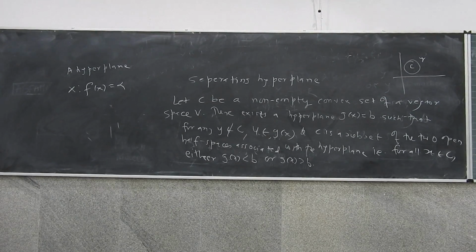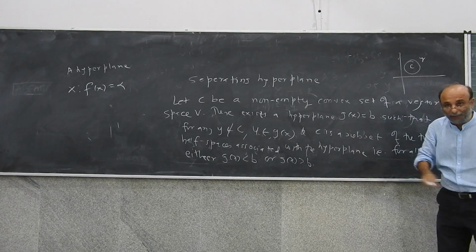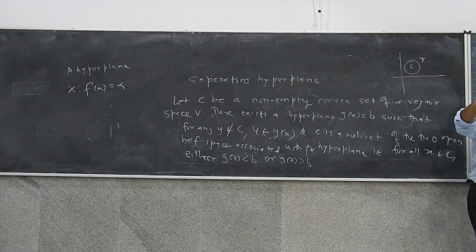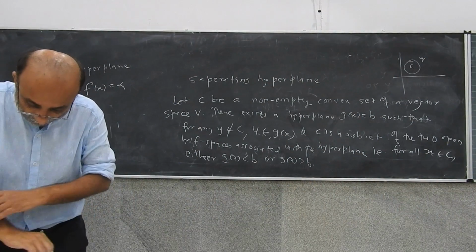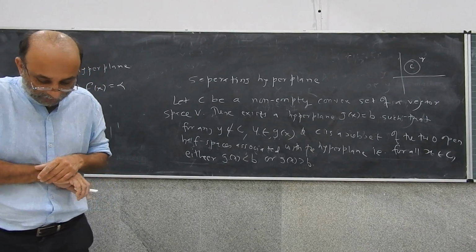That is, there exists a set of points x1, x2 and a function g of x, such that for any y not belonging to C, y belongs to the hyperplane g of x equals b, right?